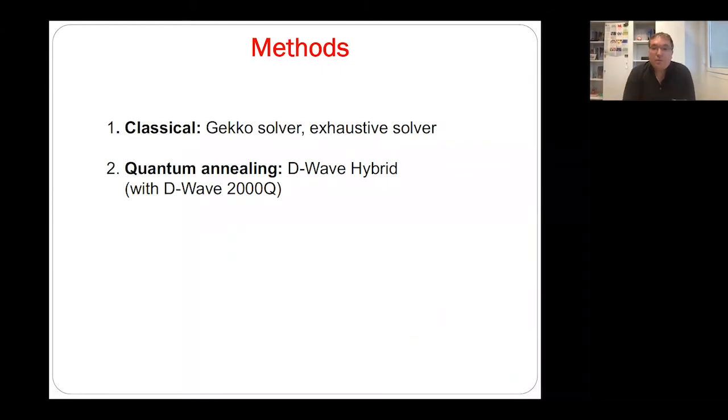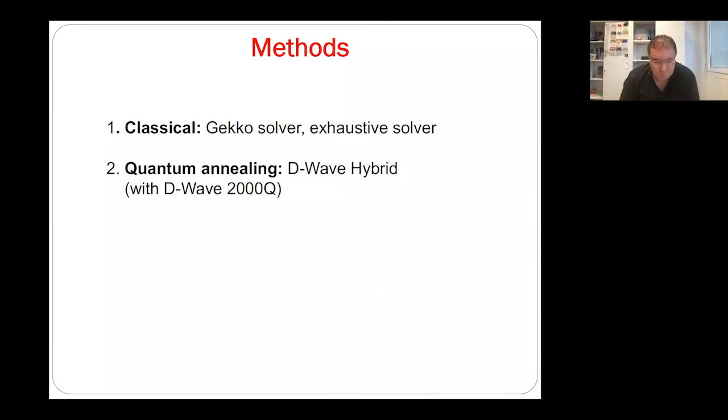Then we also did quantum annealing, and in particular, we used D-Wave hybrid. This is a hybrid approach that the D-Wave guys provide, and it's a hybrid approach between quantum and classical. Essentially, I think the problem is divided into chunks. The chunks are sent into the D-Wave processor, and then there is a classical recombination at some point. I think it works like this.